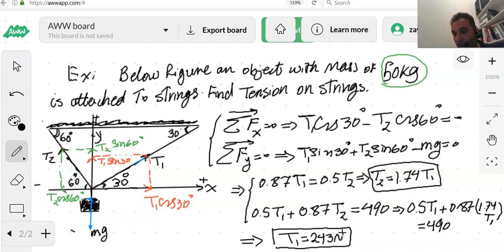Maybe sometimes I do wrong calculations, so you do it again, please. If I got T1 is 243, then 243 times 1.74, the answer is T2 equals 423, let's say.